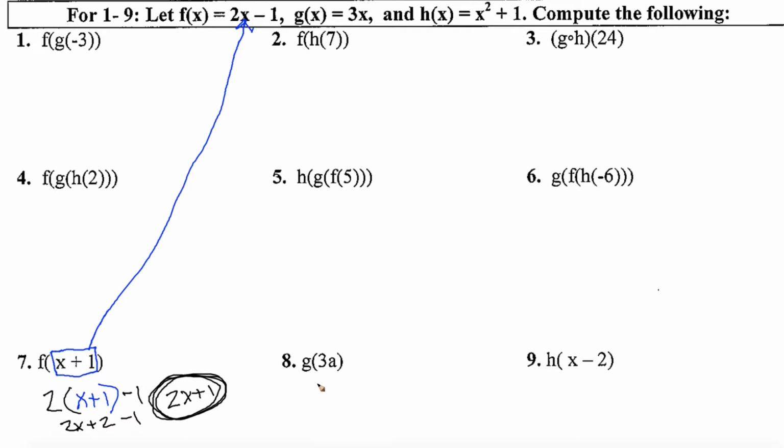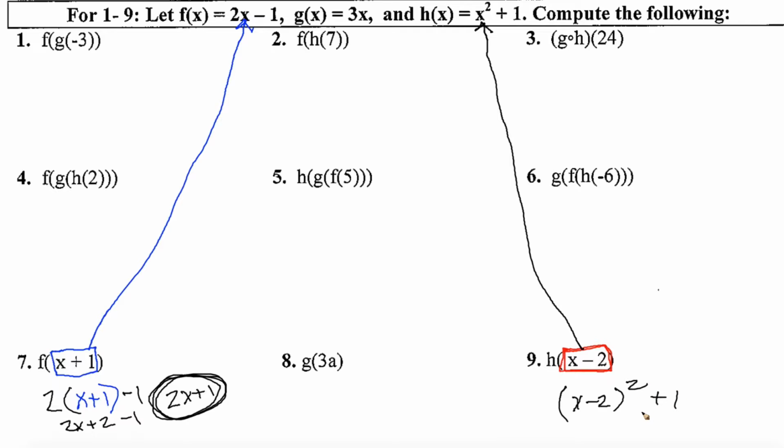Okay, just because we don't get a number doesn't mean anything. So what am I replacing x with here? X is being replaced with x minus 2. So I'm going to take that x minus 2 and put it right there. And I have parentheses, always use parentheses, x minus 2 squared plus 1.